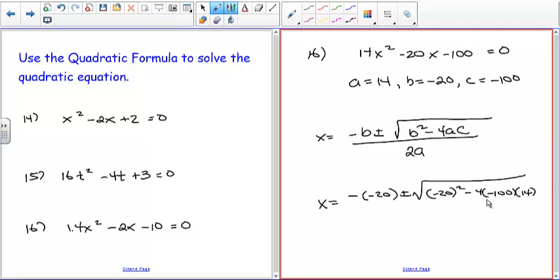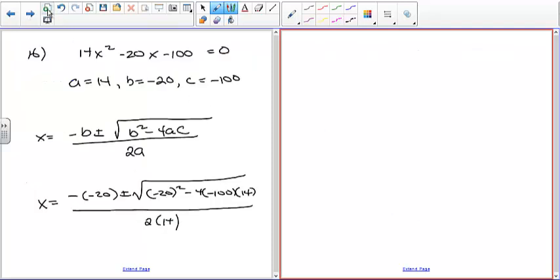And there are no complex roots to this particular one, just because I can see here that the argument is going to be positive.